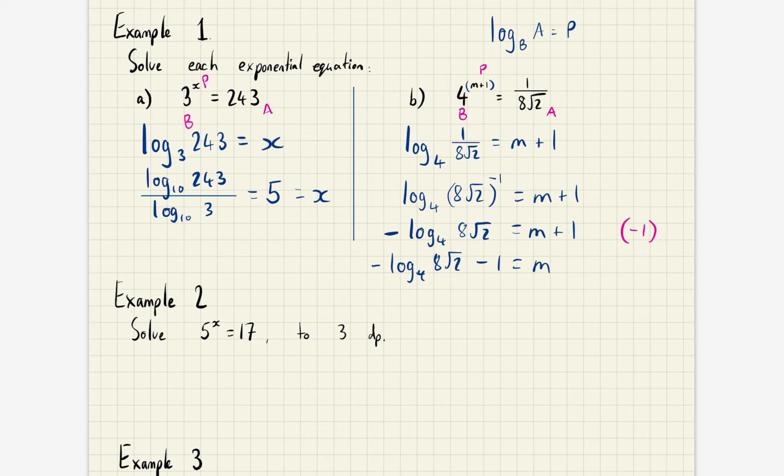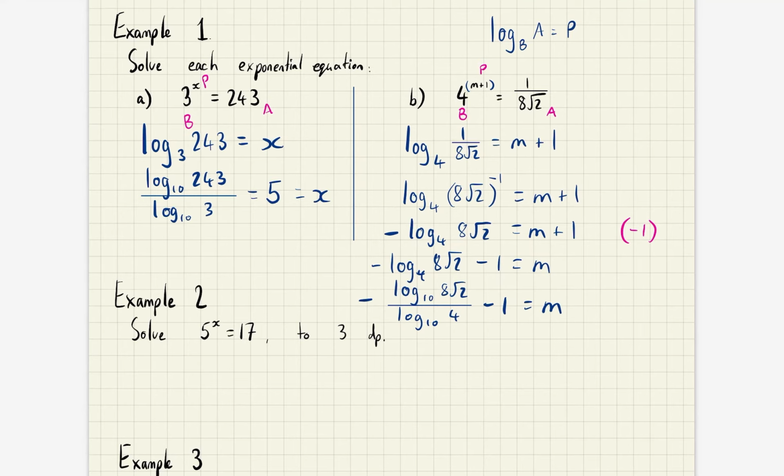I'll do the change of base. The only thing you have to be careful of is that the negative 1 stays separate to the fraction. So I'll have log base 10 of 8 root 2 over log base 10 of 4, minus 1, and that should equal m. I'll type that into the calculator now.